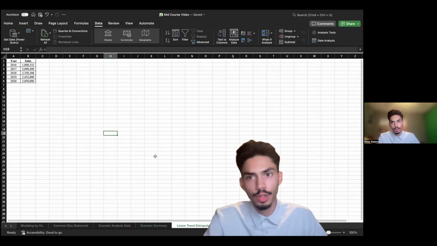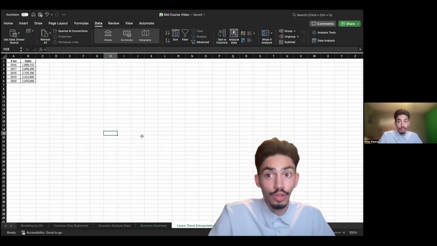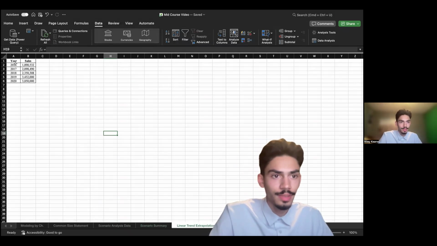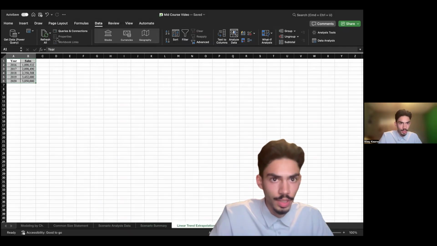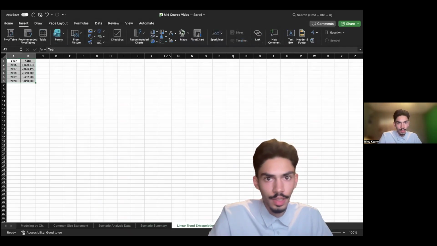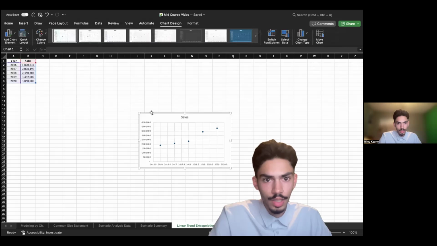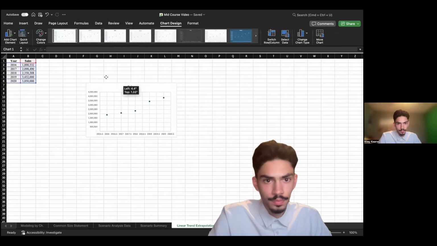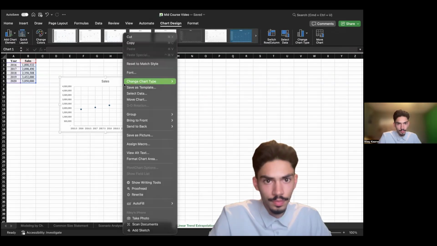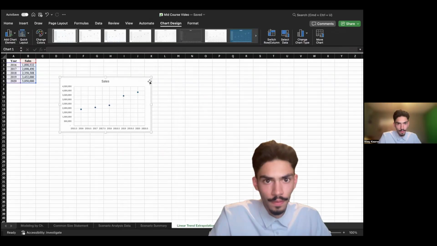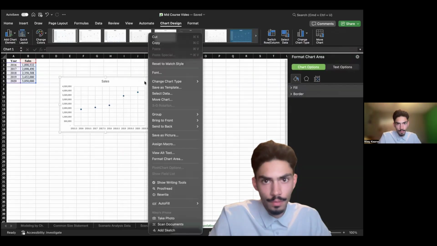And now we are going to go on to the linear trend extrapolation. So we're going to select our data and insert a scatter chart.